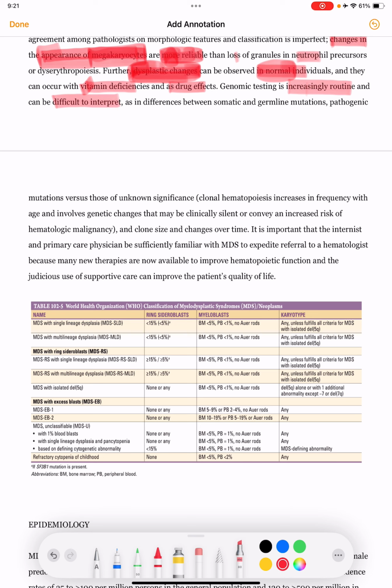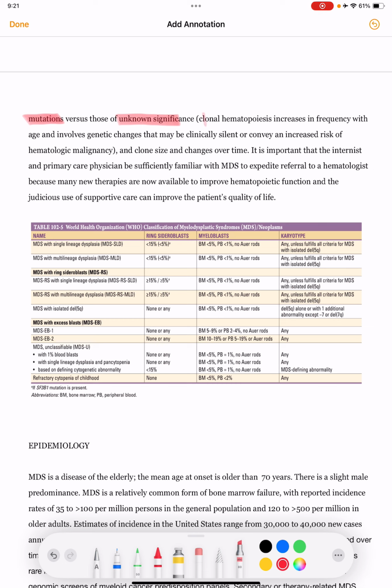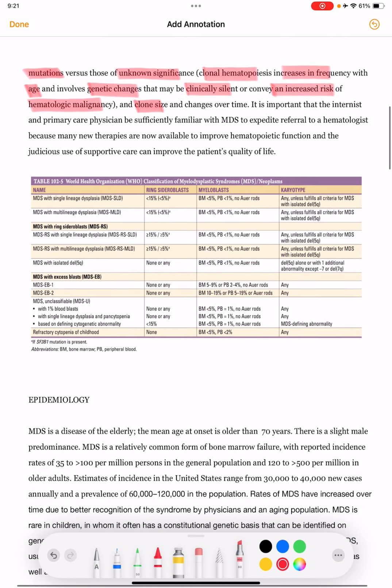Because of differences between somatic and germline mutations, and pathogenic mutations versus those of unknown significance. Clonal hematopoiesis increases in frequency with age and involves genetic changes. These changes may be clinically silent or convey an increased risk of hematological malignancy, and the clone size changes over time.